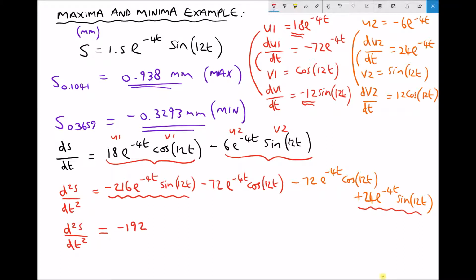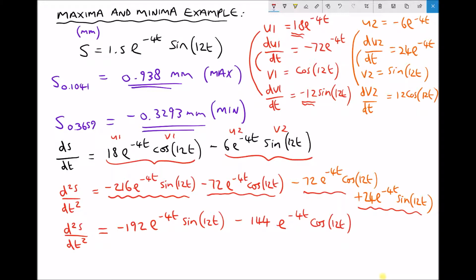And the rest of that expression remains the same, e to the minus 4t sine 12t. And we can do exactly the same with our two cos terms, because we have minus 72e minus another 72e, which is minus 144e to the minus 4t cos 12t. So we've managed to simplify our function.